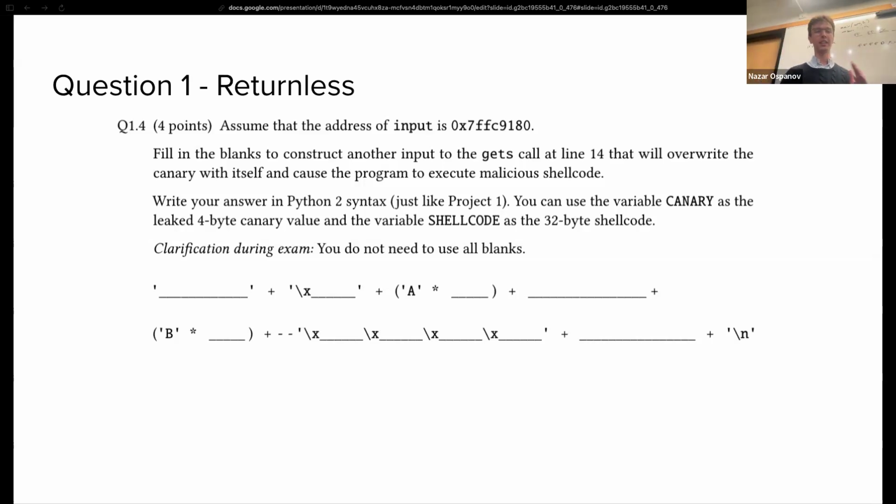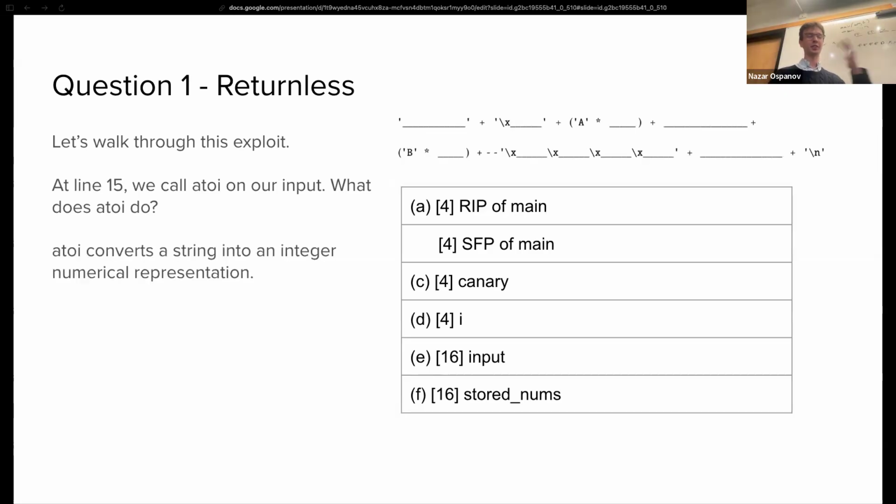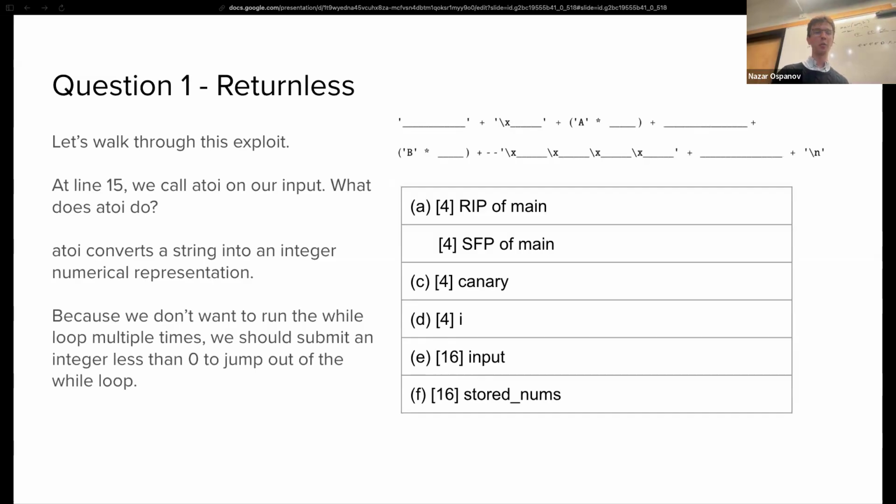Let's think through this exploit one by one so that everybody is on the same page. At line 15, we call the string-to-integer conversion on our input. It takes a string and converts it to an integer, so that's why we need -1 and the null byte terminator.